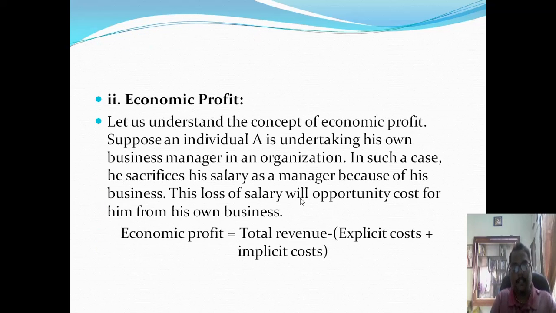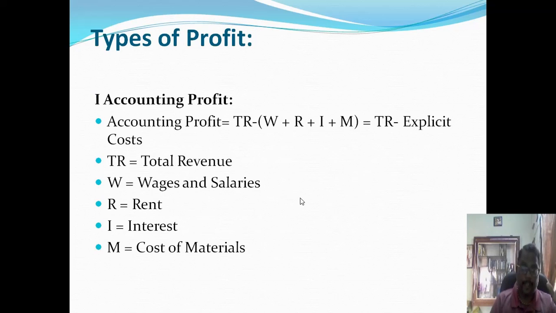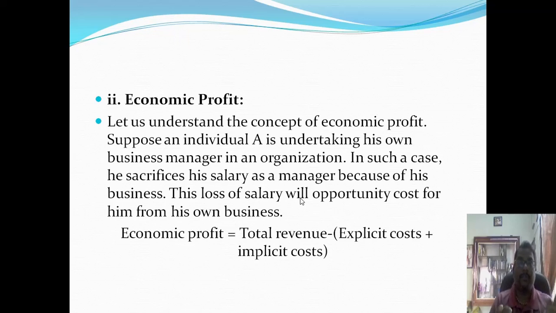Finally, what you are getting is accounting profit. Here comes economic profit. I already told you that there are many types of profits, differing from author to author and book to book. So I just want to explain two: accounting profit and economic profit. Let us understand the concept of economic profit.